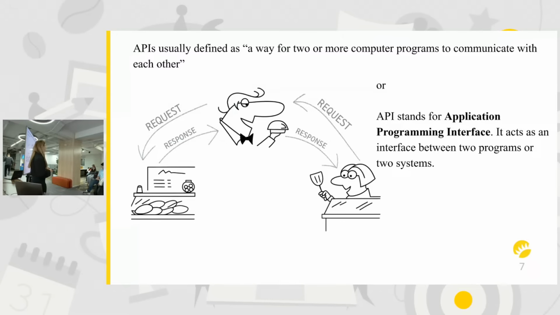And now think that you are a client, and when you want to order your food, you make a request, I hope kindly, to the waiter, and the waiter takes your request and sends it to the kitchen. And here, the kitchen is the server. Your request is some data, and the kitchen plays the server's role.